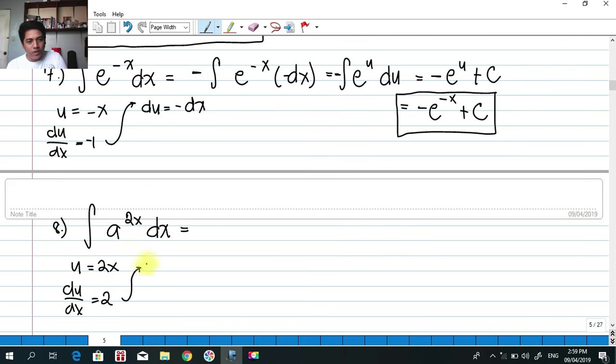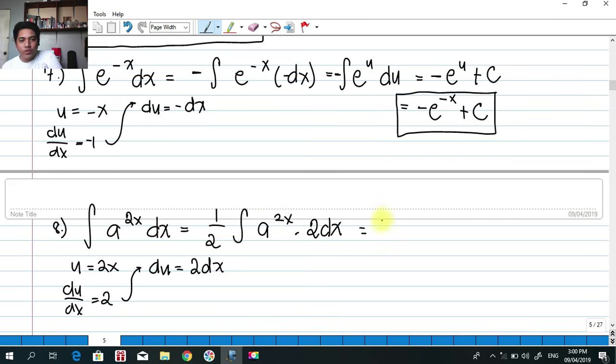Cross multiplying, we have du equals 2 dx. As you can see, to get the integral of a raised to 2x, we're going to add 2 dx here, because there is no 2 here. And to offset that 2, we have to add 1/2 outside of the integral.